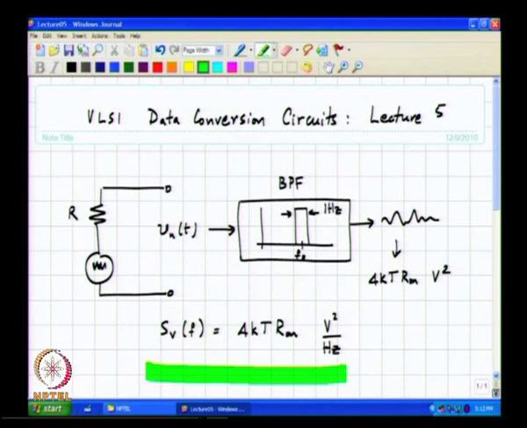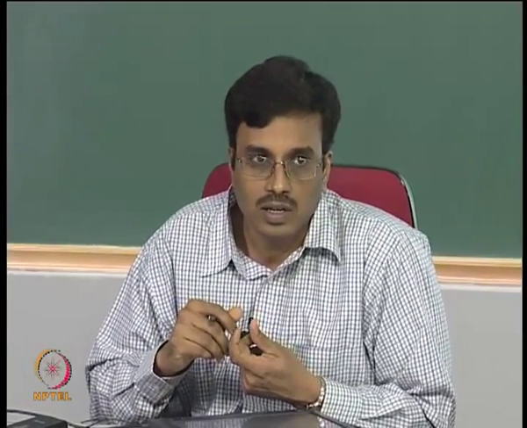Now, if I filtered that random waveform through an ideal band pass filter with a bandwidth of 1 hertz and a center frequency of f naught, there will be some waveform at the output of this band pass filter, is not it? Because the input is some signal, the output is bound to be some noise like waveform.